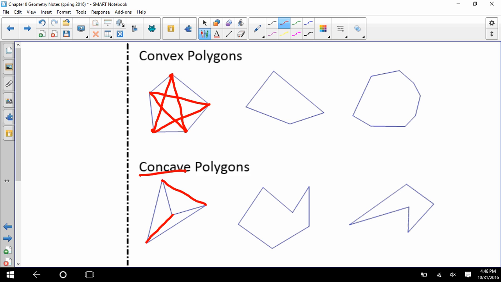So that is a concave polygon. So that's the actual definition, but if it makes more sense however you said it, that's fine, because what it'll come down to is I may ask you which of these polygons is convex or which is concave or something like that. And the formulas that we're going to talk about later only work when you have convex polygons. They do not work when you have concave polygons. Okay, so that'll be important.